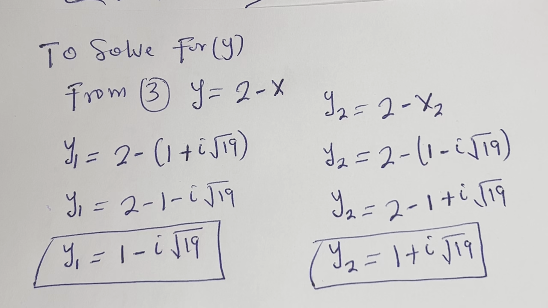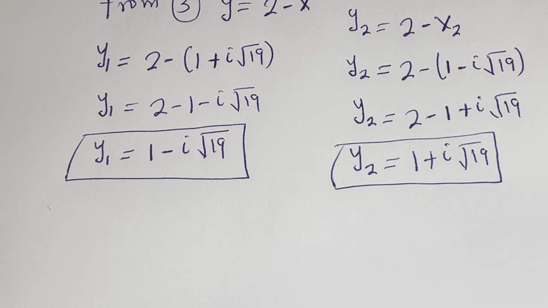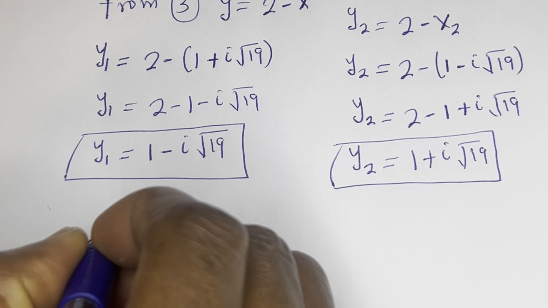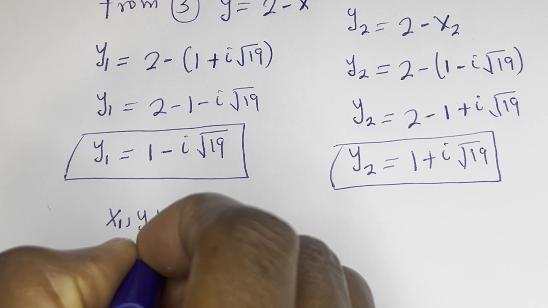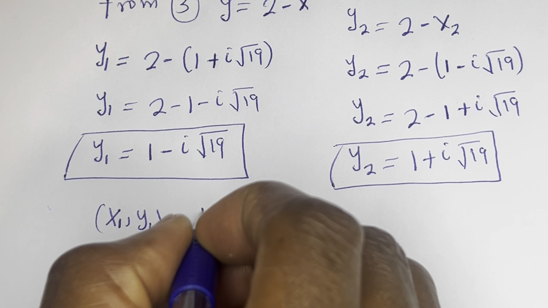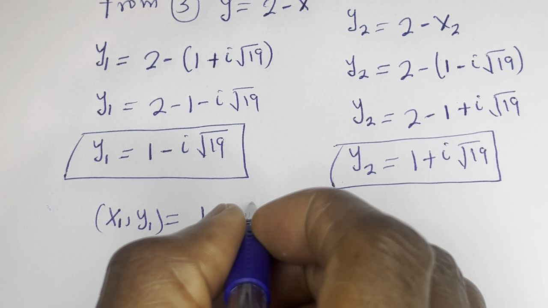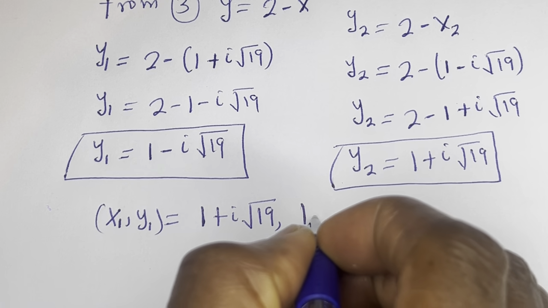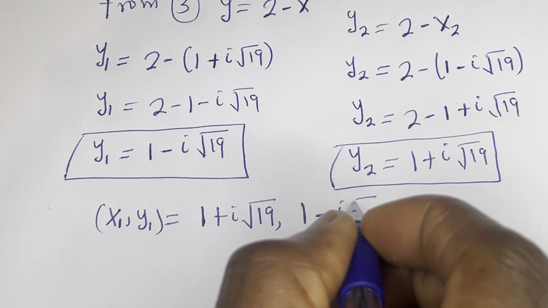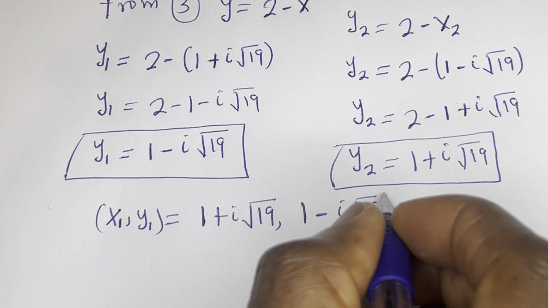Therefore, our final answers are x1, y1 is equal to 1 plus i square root of 19, 1 minus i square root of 19.